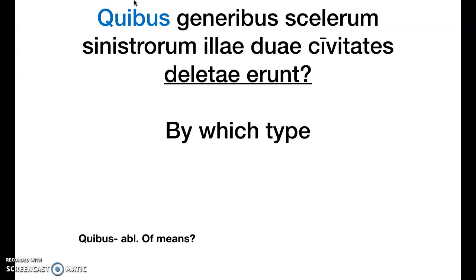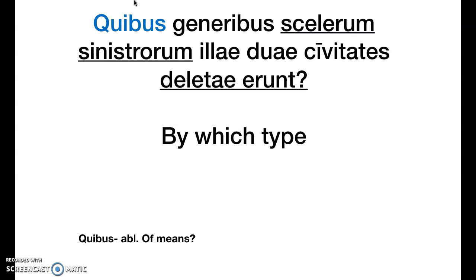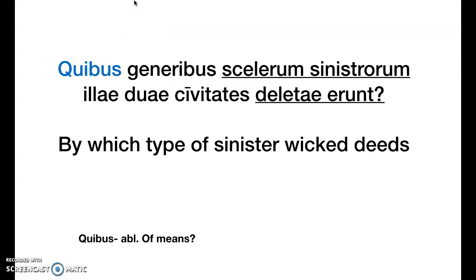And then scelerum sinistrorum, that's just a vocab thing, some recent words. And those are going to be what case, anyone? Oh, yeah, genitive. I definitely heard someone say genitive. Okay, so type of wicked deeds or sinister deeds.